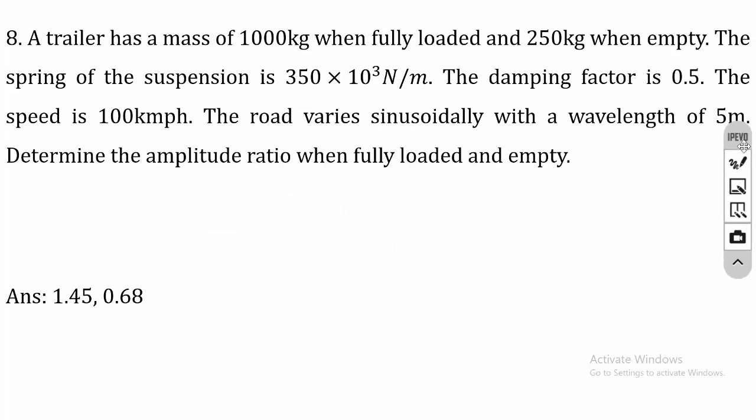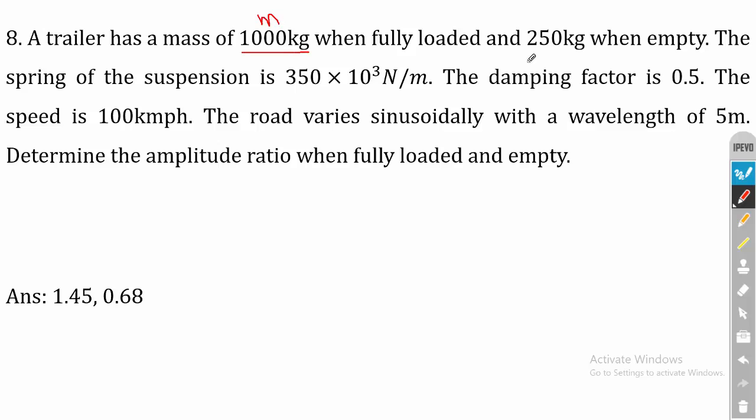So the tutorial problem. A trailer has a mass of 1000 kg when fully loaded, and 250 kg when empty. So two cases are given. The first case is the mass is 1000 kg, and in the second case the mass is 250 kg. The spring of the suspension is 350 into 10 power 3 Newton per meter.